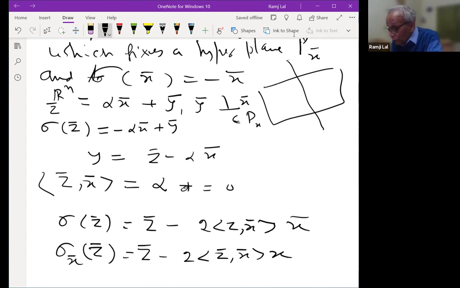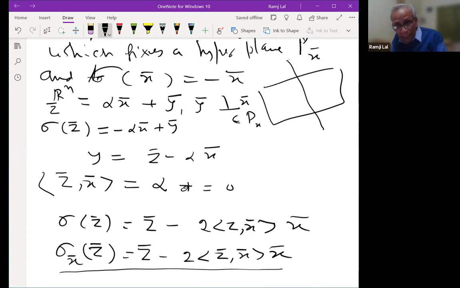So if you take z to be x here, then this is x bar minus 2xx bar, so therefore that will be minus x bar. And if you take z to be in the orthogonal complement, then this will be fixed. This will be z bar here, because this will be 0 if it is in the orthogonal complement. So that is sigma x bar.